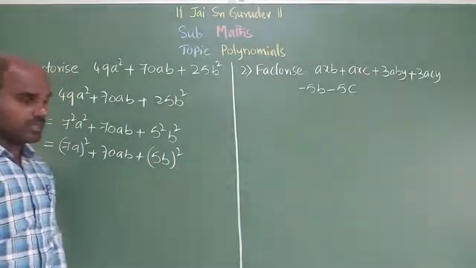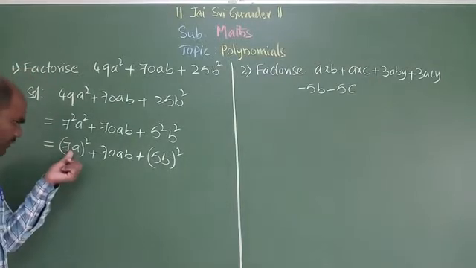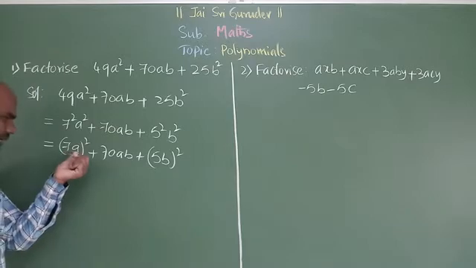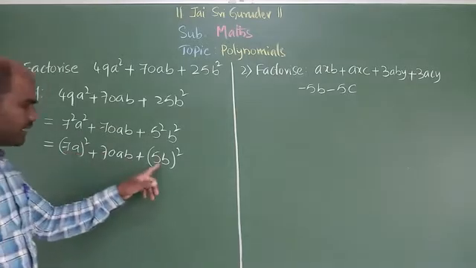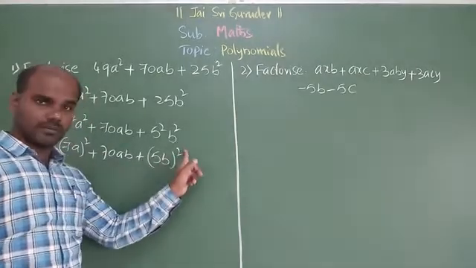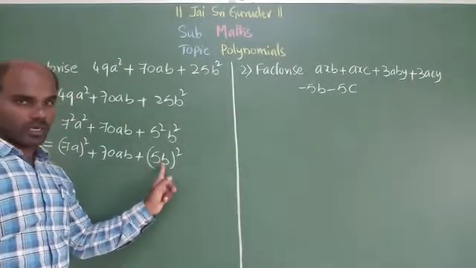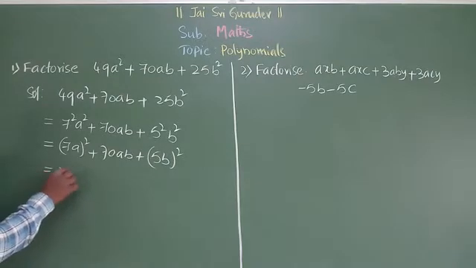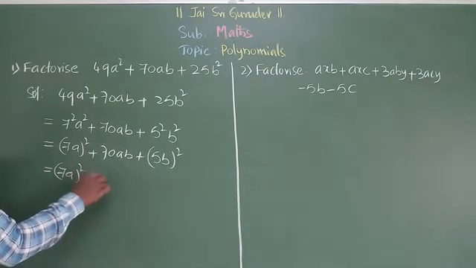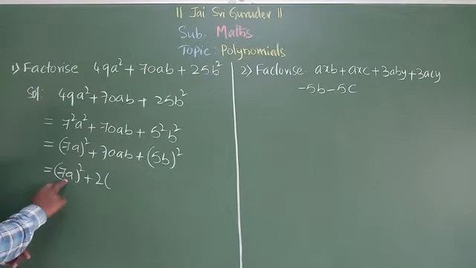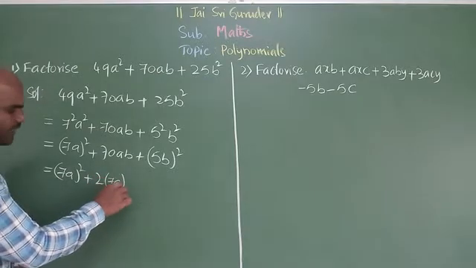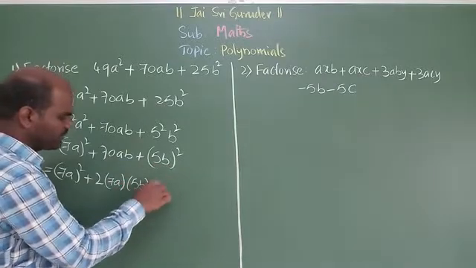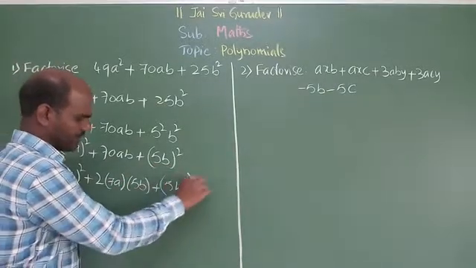Yes or no, children? Now it is in the form of a square. What is the value of a, children? 7a. Next, b square means what is the value of b? 5b. So it equals 7a whole square plus 2 into a, which is 7a, and b, which is 5b, plus 5b whole square.